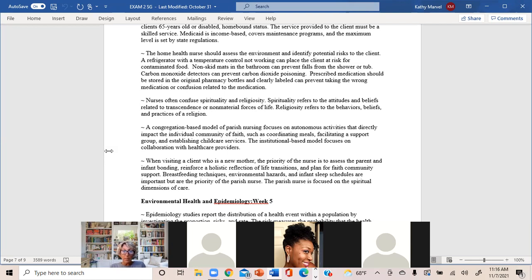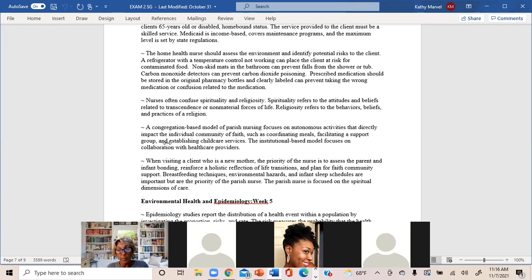So what that means is, let's say in the congregation based model, the faith-based nurse is doing what we just talked about: coordinating meals, facilitating support groups, establishing childcare services. Well, if they decide they want to participate in the healthcare, say for stroke patients in their congregation, they're going to need physical therapy, occupational therapy.